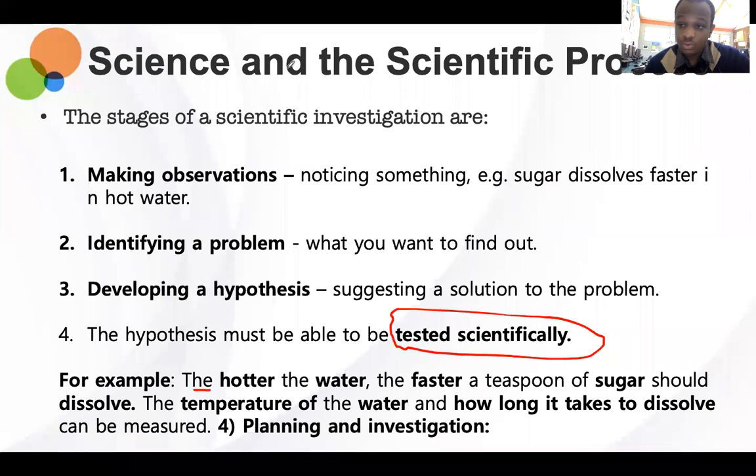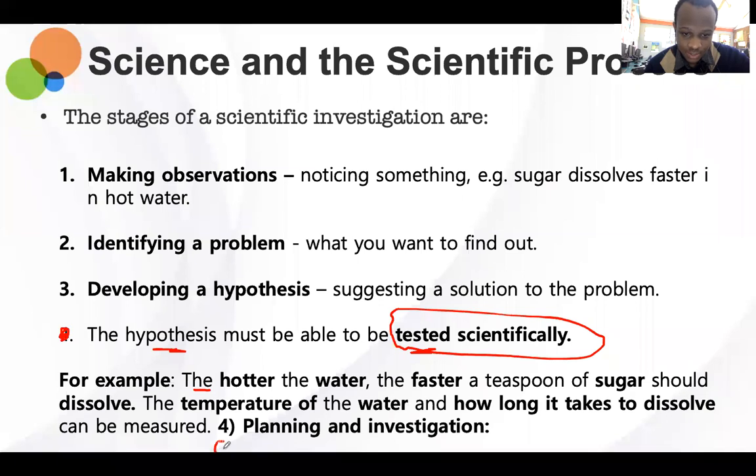Then we can use a testable method to measure the temperature of the water, and to measure how long it takes to actually dissolve. These things can be measured, so therefore our hypothesis is testable, right?